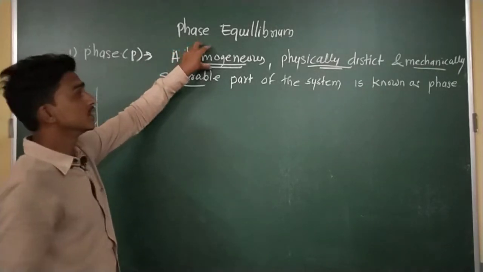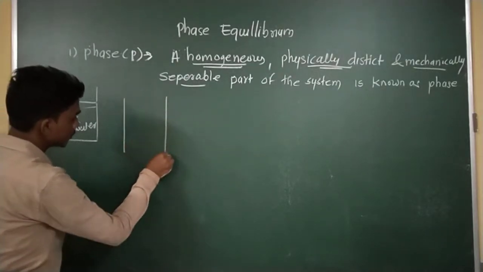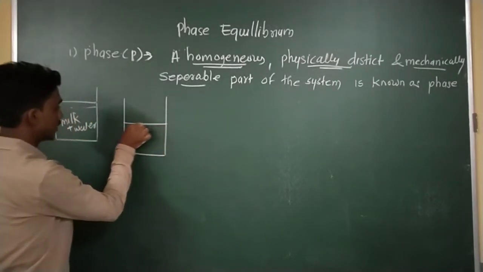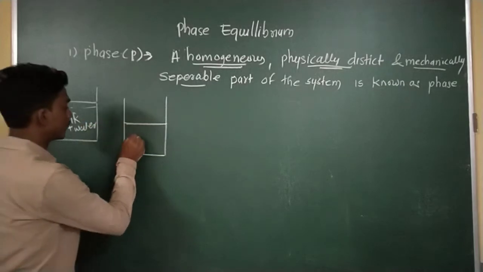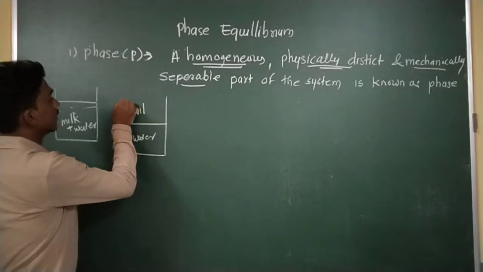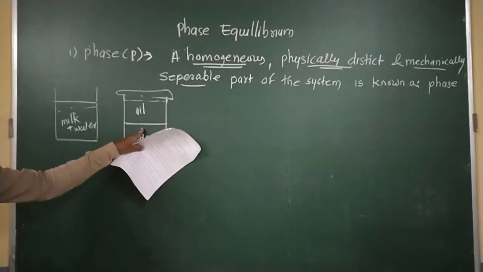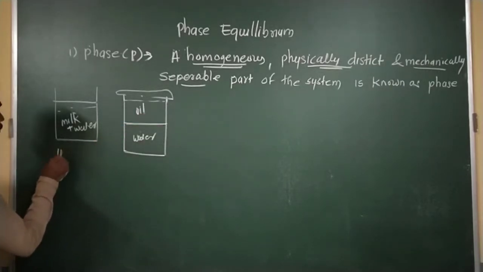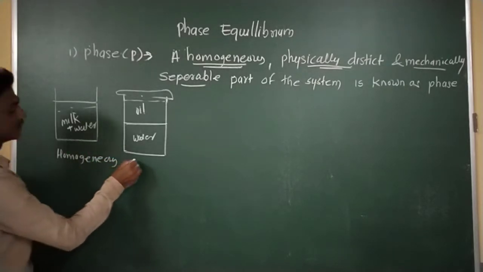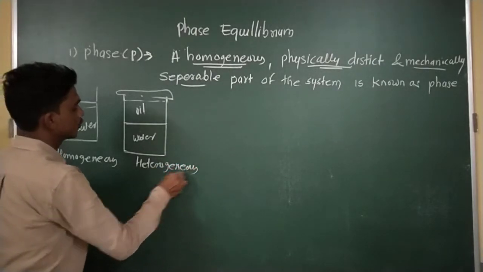So homogeneous, physically distinct means what? If the two systems are in equilibrium and physically distinct, for example water molecules and oil molecules, then we can say this is a heterogeneous solution. This is a homogeneous solution, and this is a heterogeneous solution.